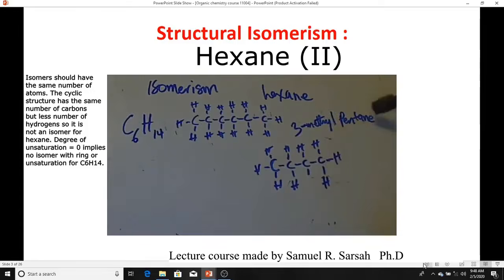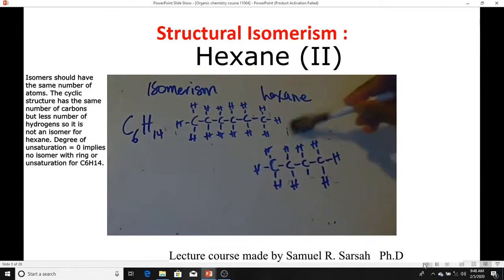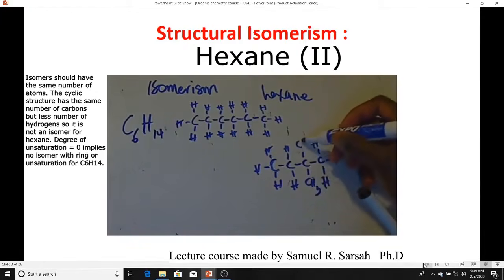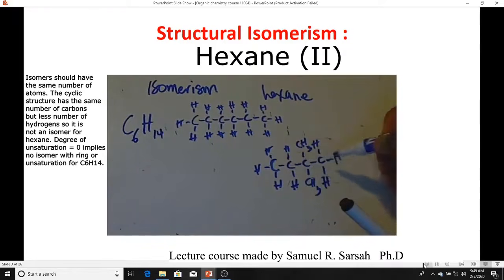So I'm having a butane right now as my parent name, and I can put the substituent CH3 here just to get the number of carbons to match hexane. So I have 1, 2, 3, 4, 5, 6 carbons and then 14 hydrogens. Okay.